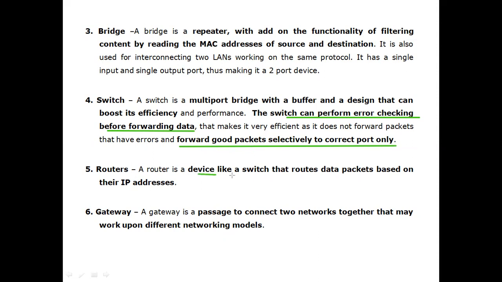It is just like a switch, but it routes the data packet based on their IP address also. Whenever we want to send the data from the sender to the receiver side, this router just gives us the path, from which path the data has to be sent from the sender to the destination point.